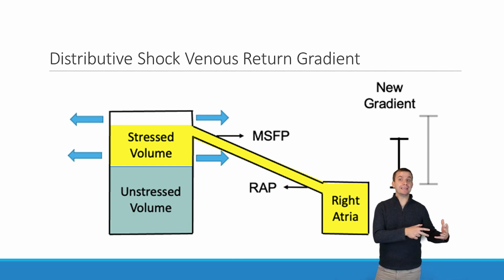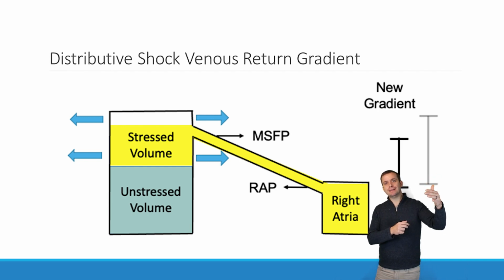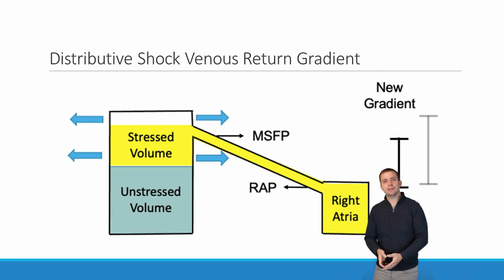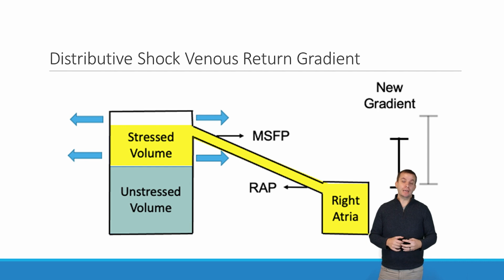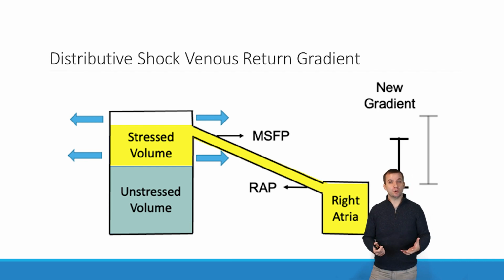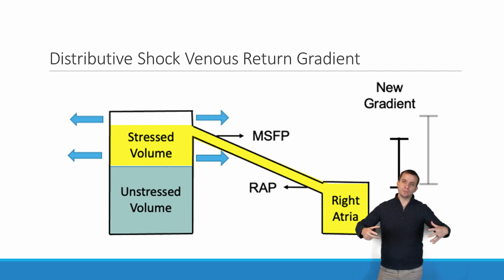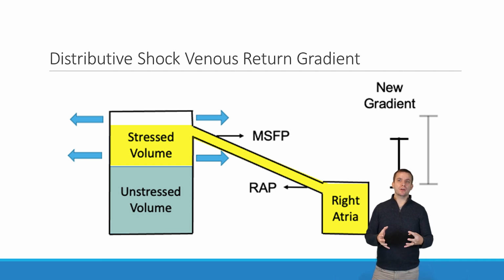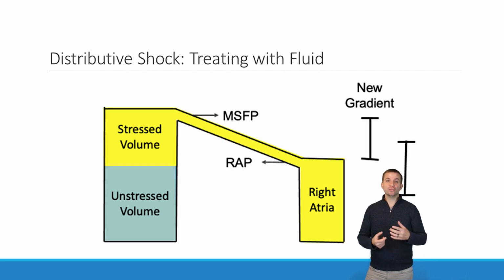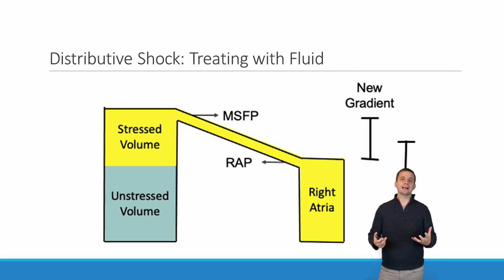So we give volume in order to increase that gradient and kind of drive that gradient back. Another thing you can do is give vasopressors, and what vasopressors do is squeeze that down, and it's going to increase the stressed volume and decrease the unstressed volume. So if you treat it with fluid, a lot of times you're not going to get what you need.